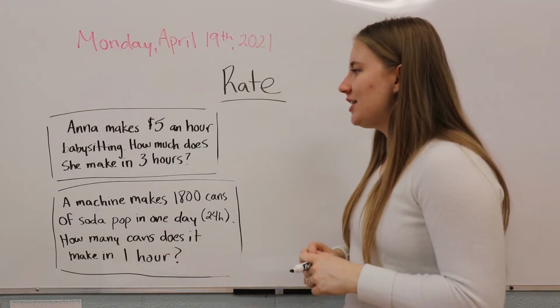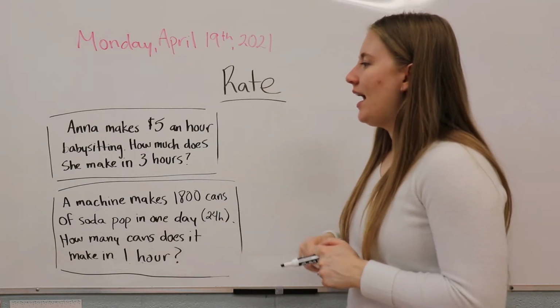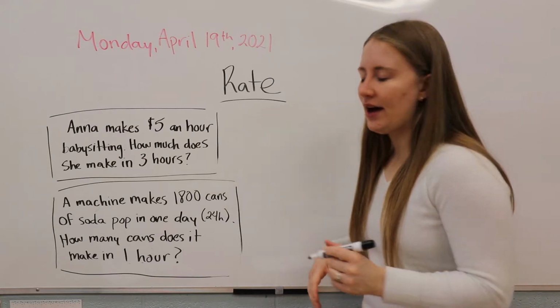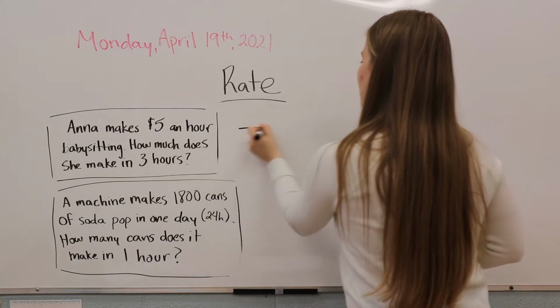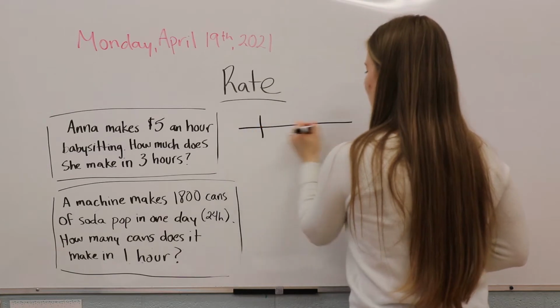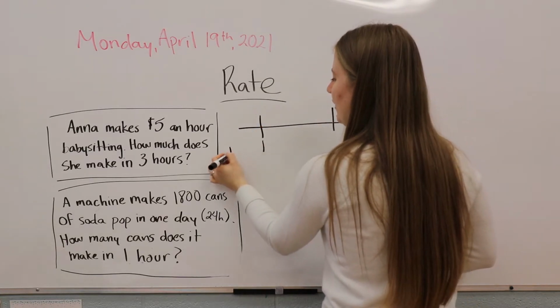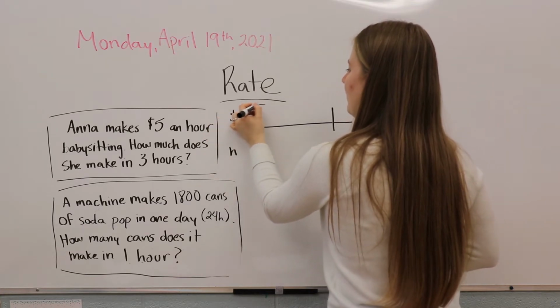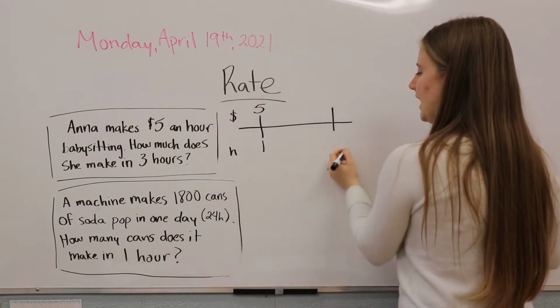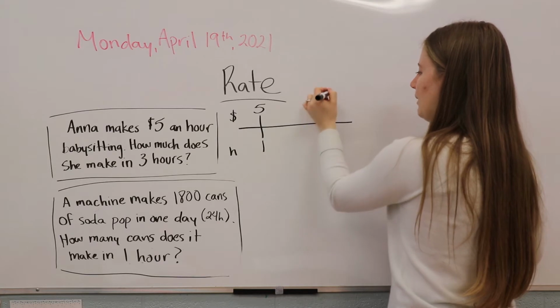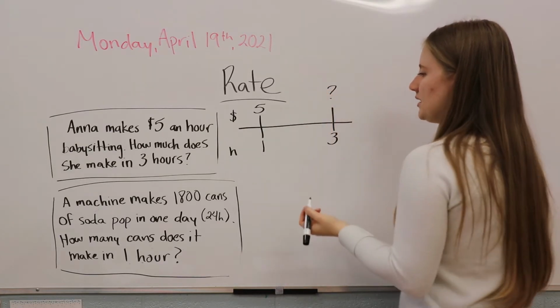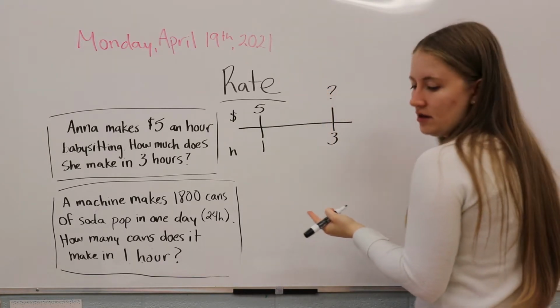Anna makes $5 an hour babysitting. How much does she make in 3 hours? So with our line diagram, we can mark our spots, and we know that 1 hour is $5, okay? And it's asking us to find out how much she makes after 3 hours, okay?